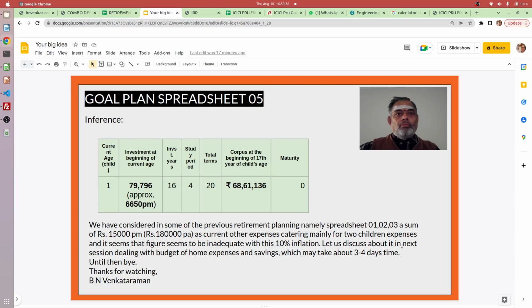Let us discuss it in the next session dealing with budget of home expenses and savings, which may take around 3 to 4 days. Now let us go to the spreadsheet.